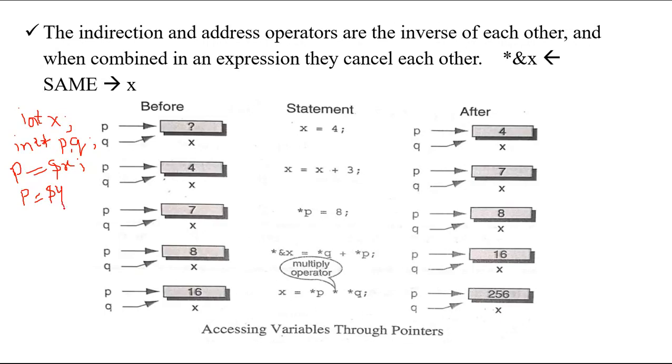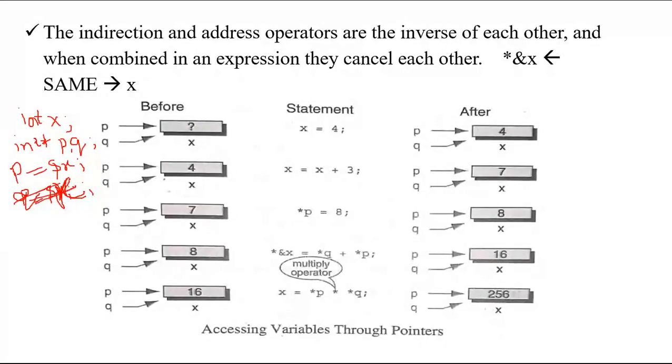After writing these 4 statements, you will get a memory scenario like this. x, so far we have not initialized anything. So what is it holding? A question mark, a garbage value. Then p and q both are pointing to that x, because both are holding the address of x. P is holding the address of x, and q is also holding the address of x.